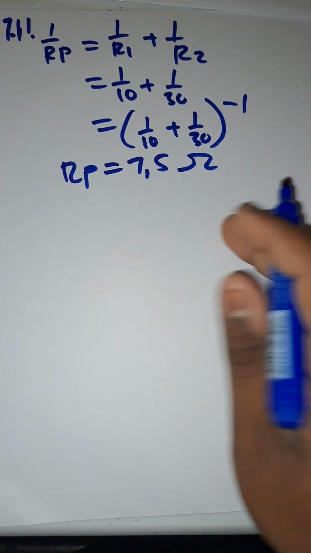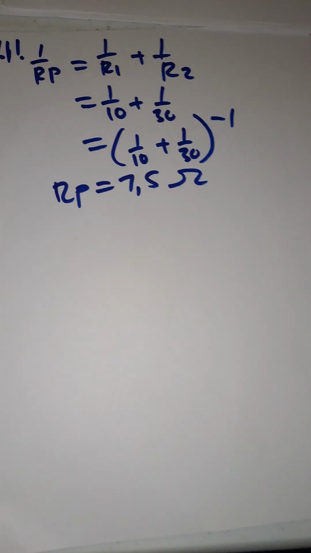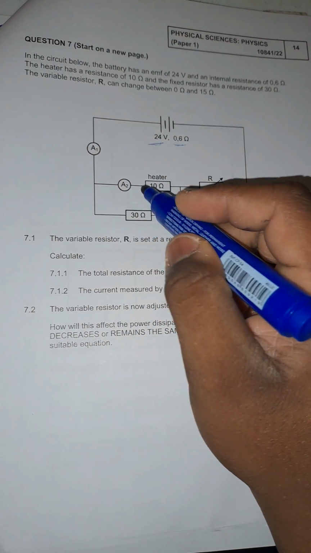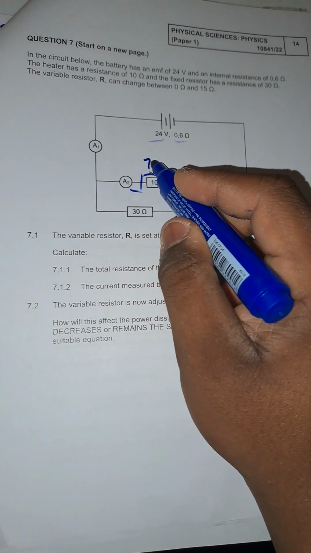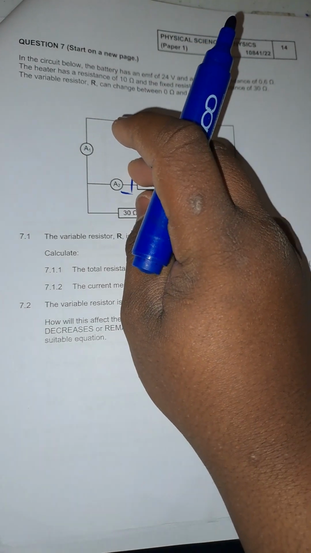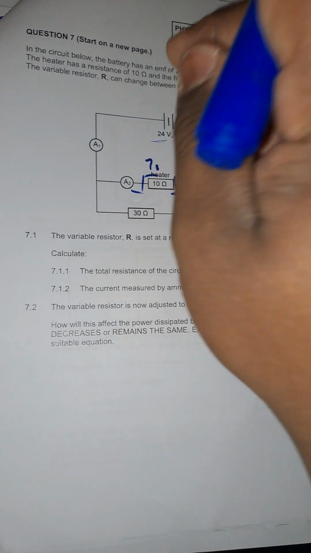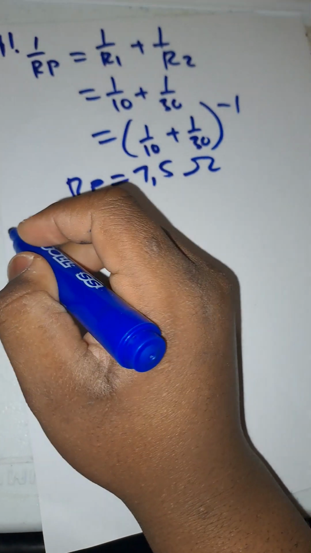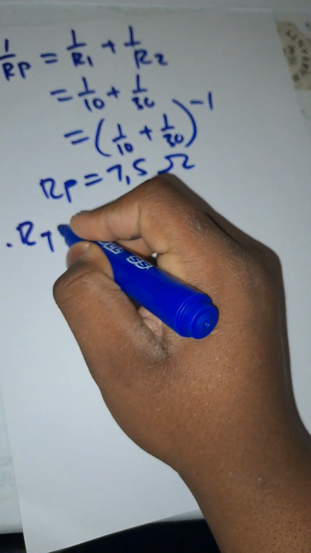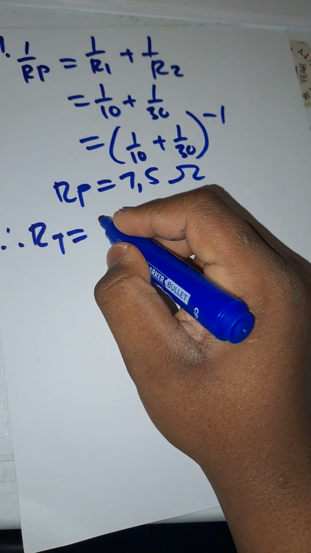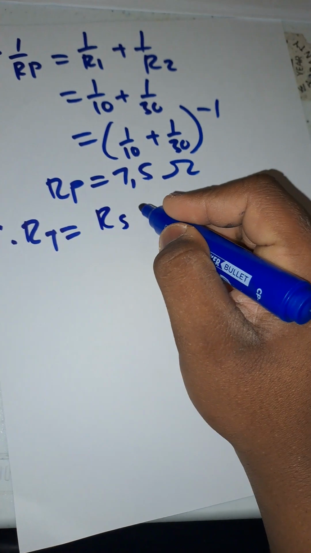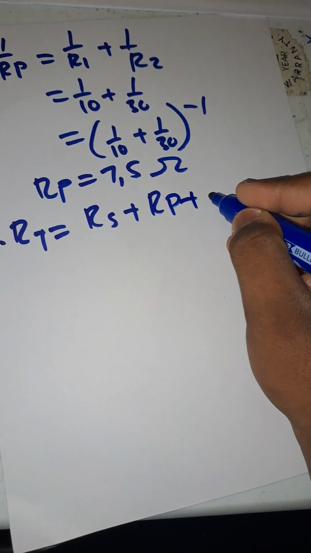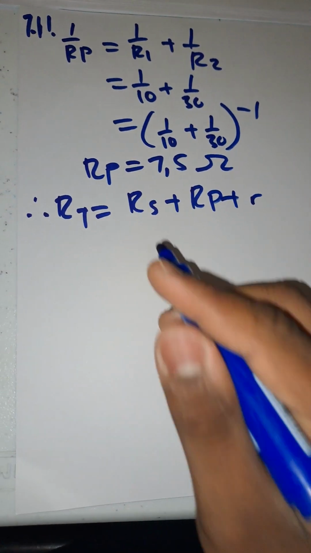So now I have to get the total resistance. The parallel part is not the same as having a single resistor here, which is 7.5. So I'm gonna add 7.5 and 3.5 and 0.6. The total resistance is equal to Rs, the one that is in series, and then Rp plus the internal resistance.